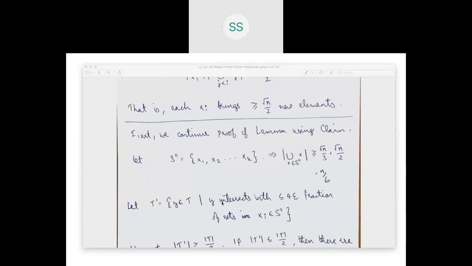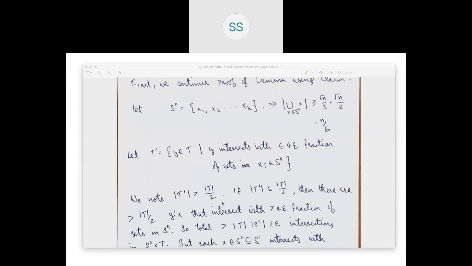So now you look at the columns of T and look at what fraction of entries in S double prime each intersects with, and we pick only those columns that intersect with at most 4 epsilon fraction. When I say intersect with, I mean not disjoint, or in other words, 0 entries in the matrix.